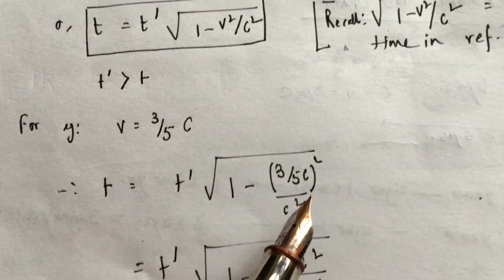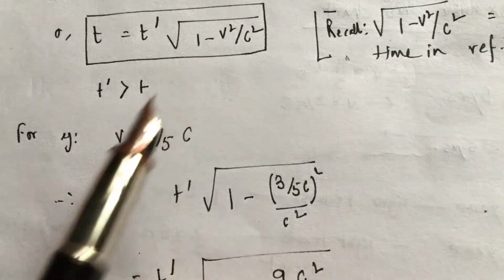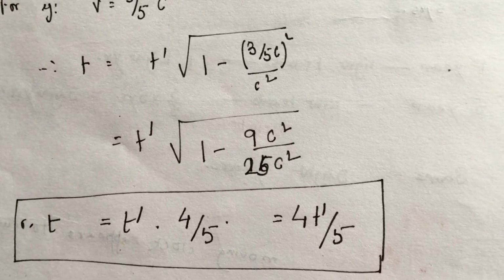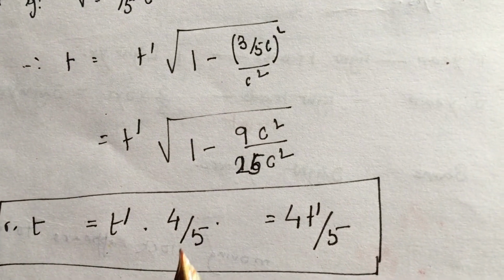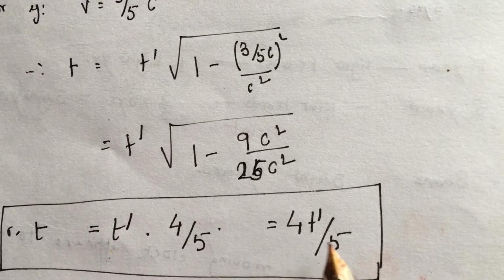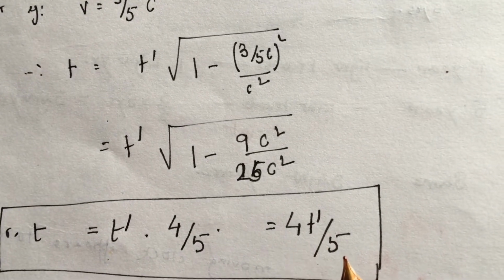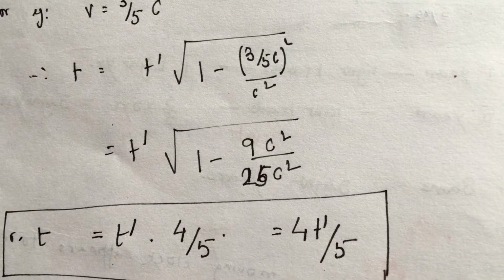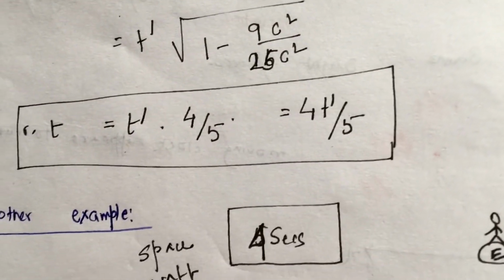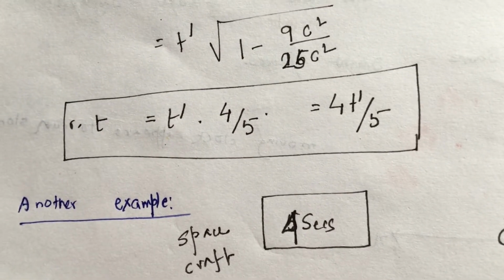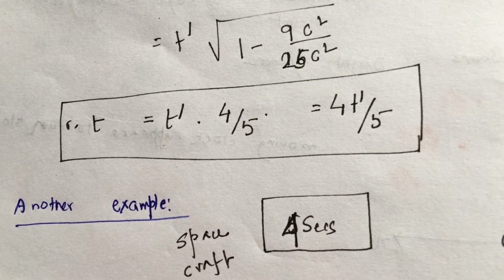So if I put 3 by 5 c here, I will get t equal to t prime into 4 by 5, which gives me 4 t prime by 5.